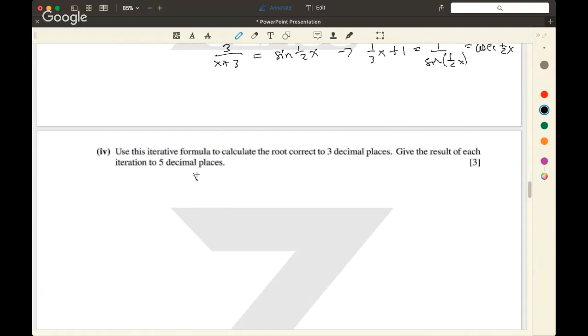So x0 is equal to 1.50000, x1 is equal to whatever it is, x2 is equal to whatever it is, and so on. When you get to the point where the first 3 decimal places are not changing, that is convergence. It means it's converged correctly up to the first 3 decimal places. But you still have to give the whole thing as 5 decimal places.